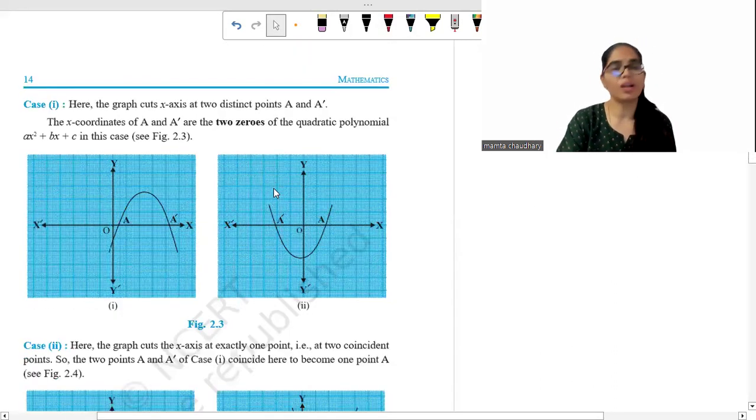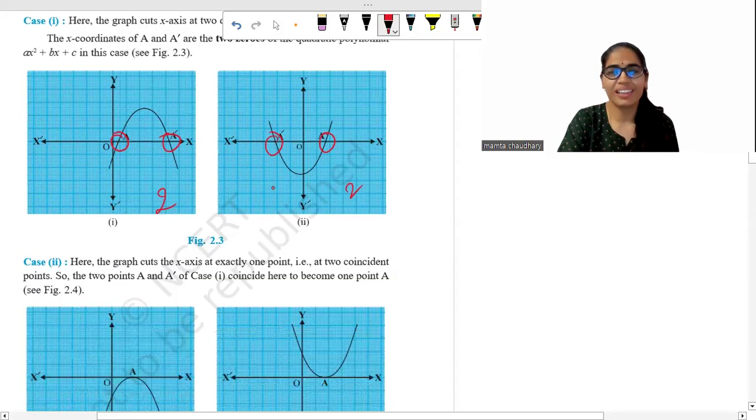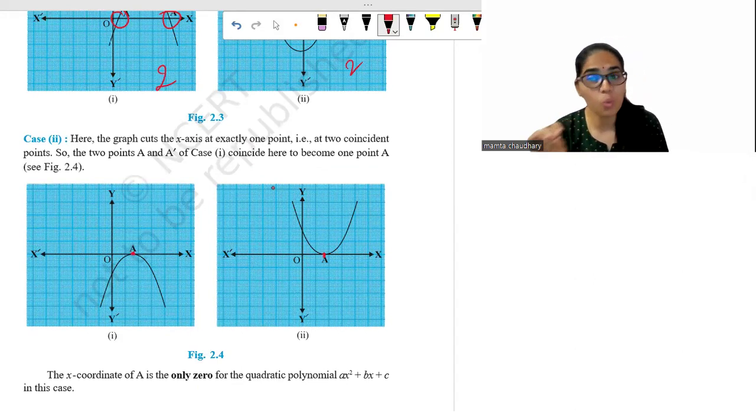Now let's take these two. Here, how many times? 1, 2, 2 zeros. Here 1, 2, 2 zeros. Now, these ones. Here you can see it is touching at 1 point only. Here also it is touching at 1 point only. It means it will have only 1 zero.